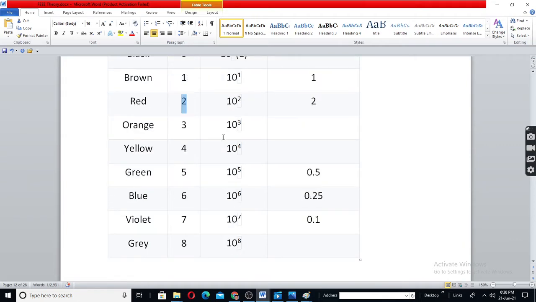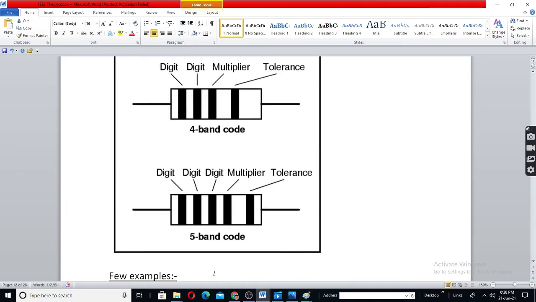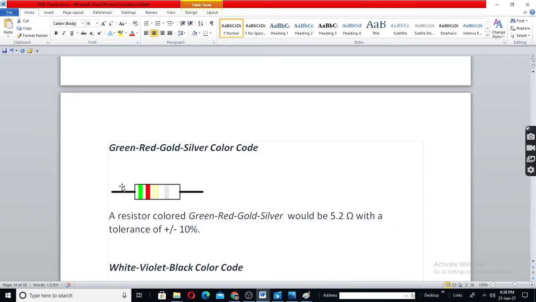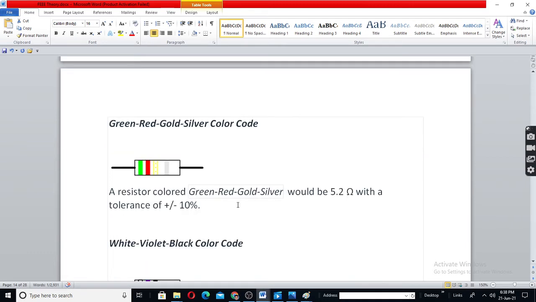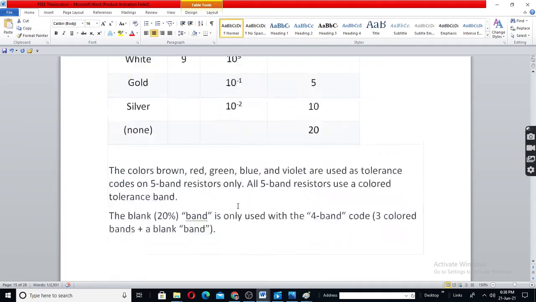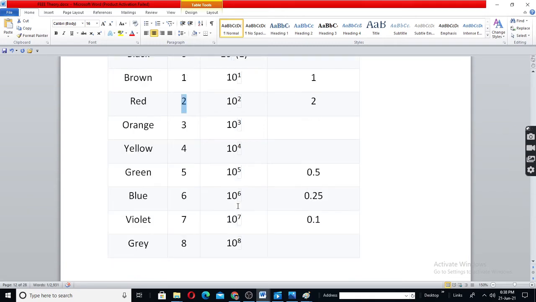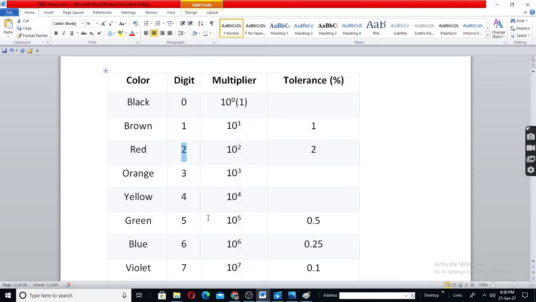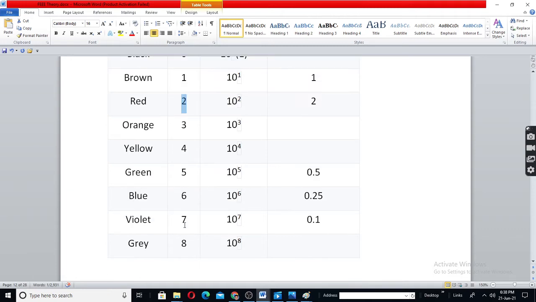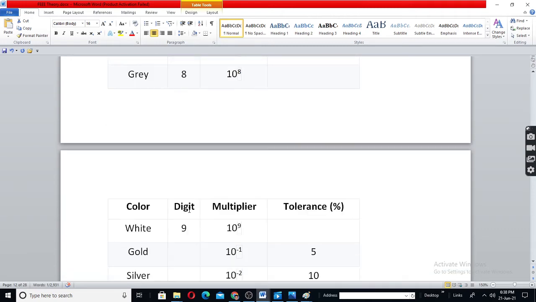So green means 5, red means 2, 52, gold minus 1.